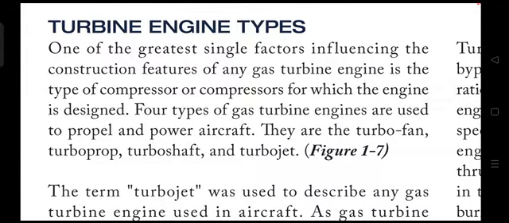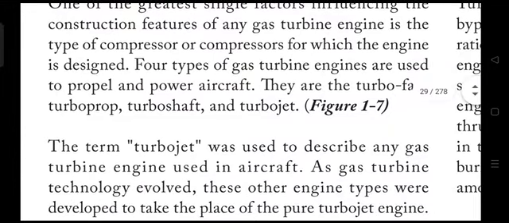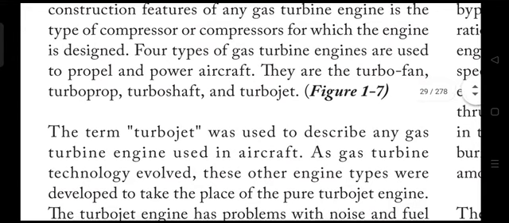Now, what are the types? Coming to the types, one of the greatest single factors influencing the construction features of any gas turbine is the type of compressor or compressors for which the engine is designed. Four types of gas turbine engines are used to propel and power the aircraft: turbofan, turboprop, turboshaft, and turbojet. From the name, one thing is common: turbo.